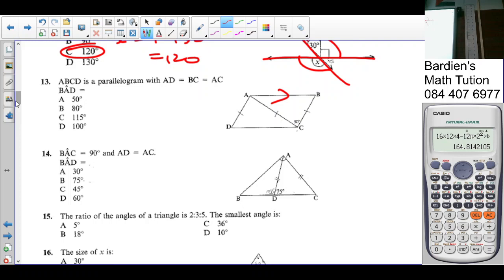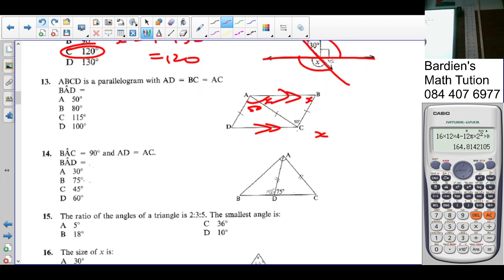The next one, ABCD is a parallelogram. So we know opposite sides are equal, opposite sides are parallel, and all of those. The opposite angles are equal, and diagonals bisect each other. They want to know the size of BAD. BAD, this whole angle. So if this is 50, then that angle is also 50. Okay? So you got 50 here. Now, let's call this x for now, and that will be x.